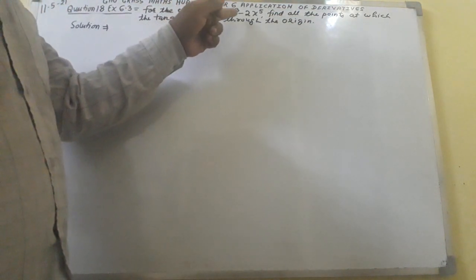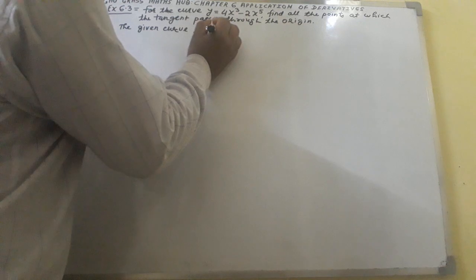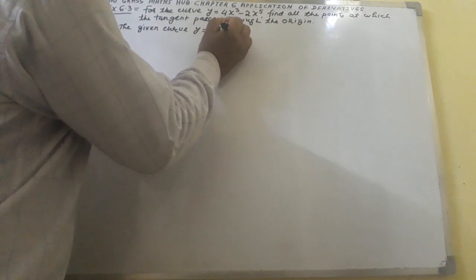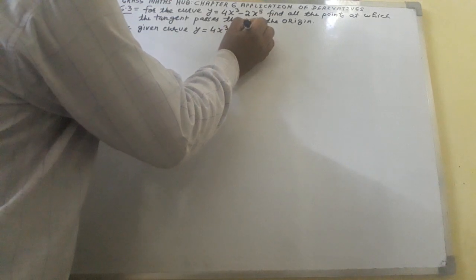Here you can see the curve y equal to 4x cube minus 2x raised to the power 5. So here I shall write the given curve: y equal to 4x cube minus 2x raised to the power 5.